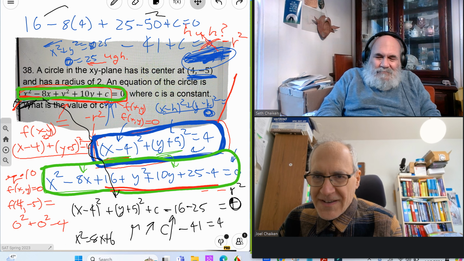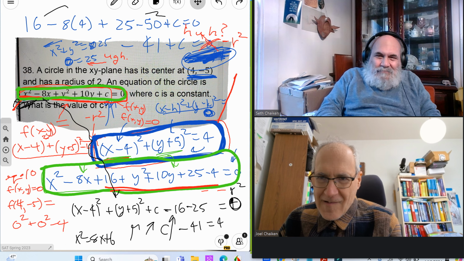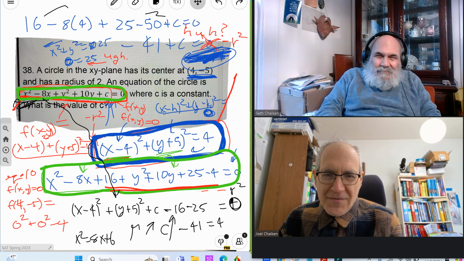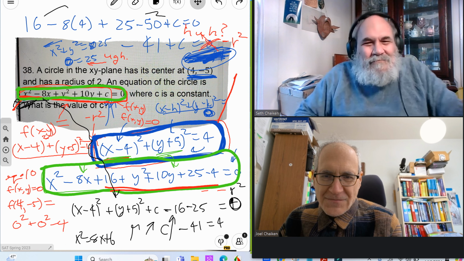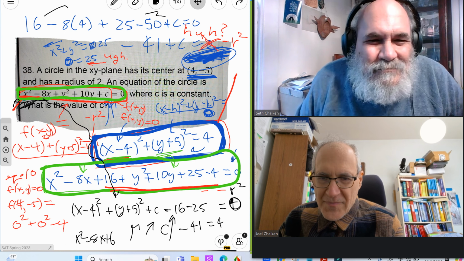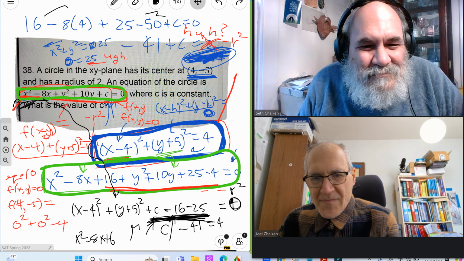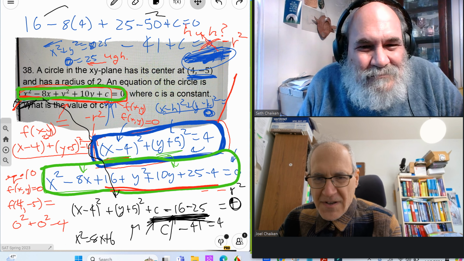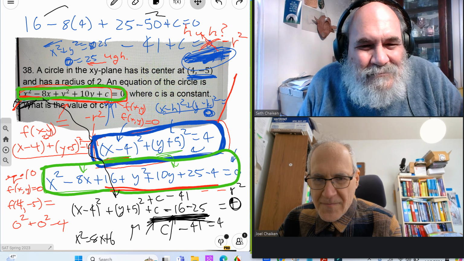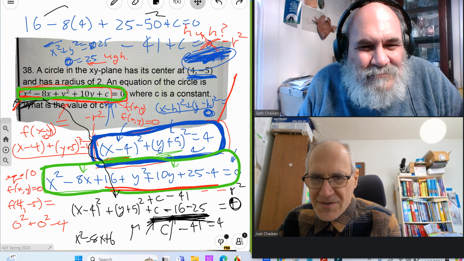They said the equation of a circle is that. What's going on? We completed the square. That's negative 41 plus c minus 41. But they told us the equation of the circle is that.